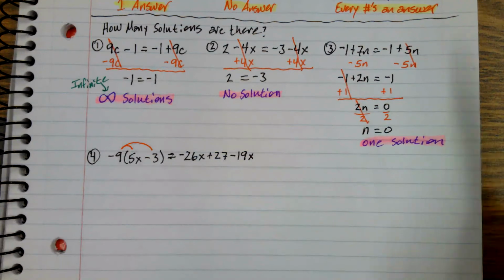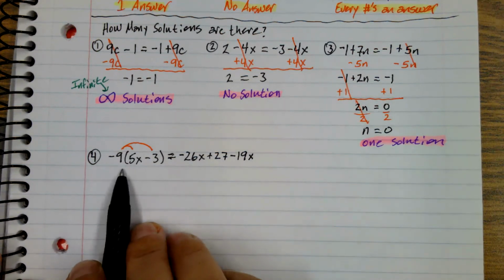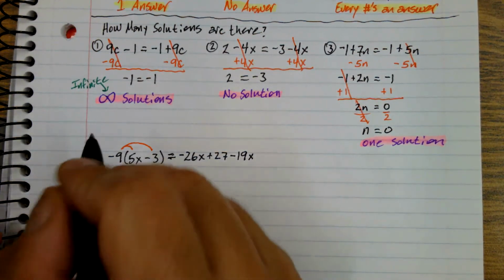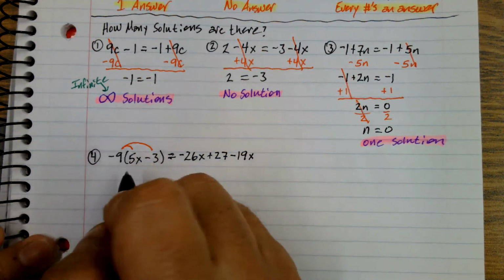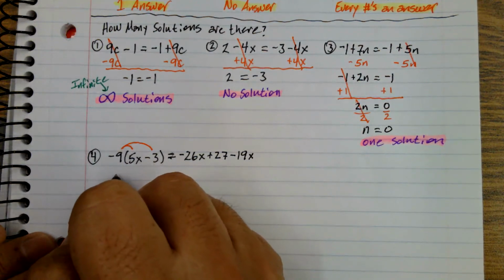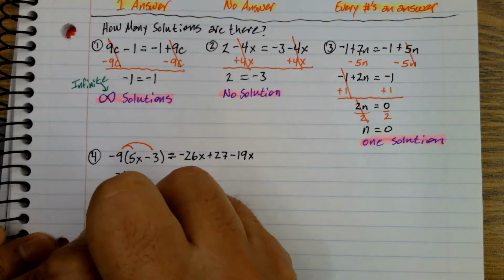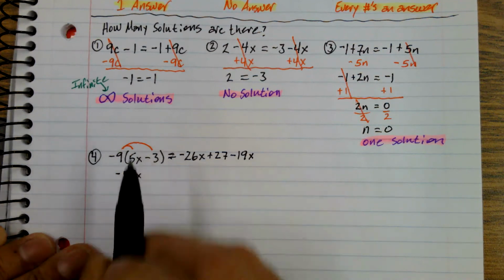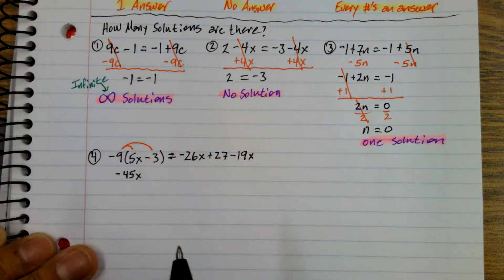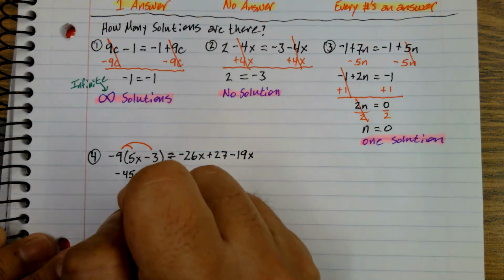Okay, so I'm going to distribute -9. Let's do that. We're going to multiply -9 times 5x, so that's going to give me -45x. -9 times -3: negative times a negative is a positive, so that's plus 27.